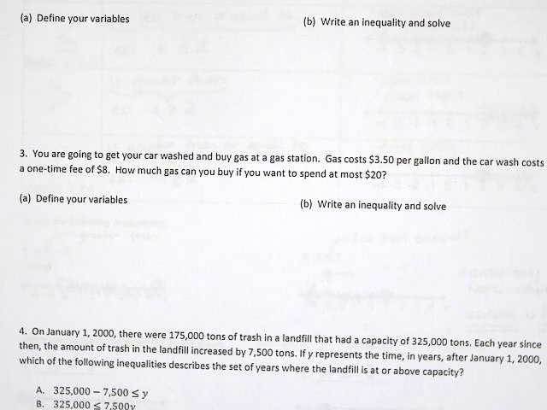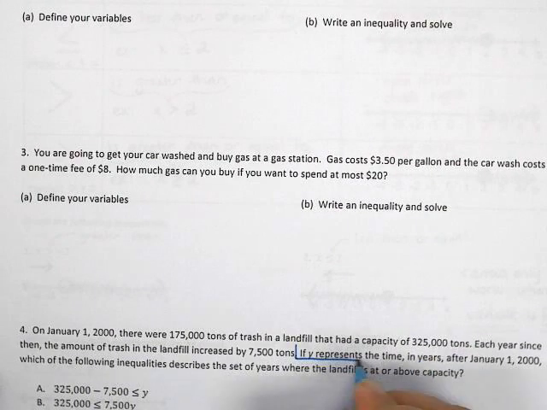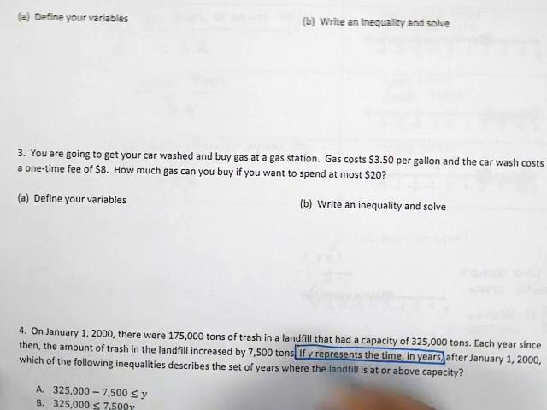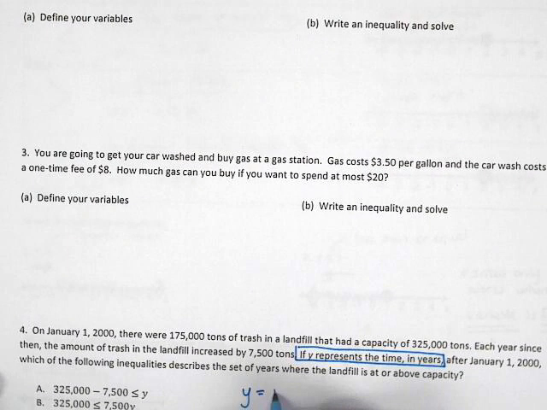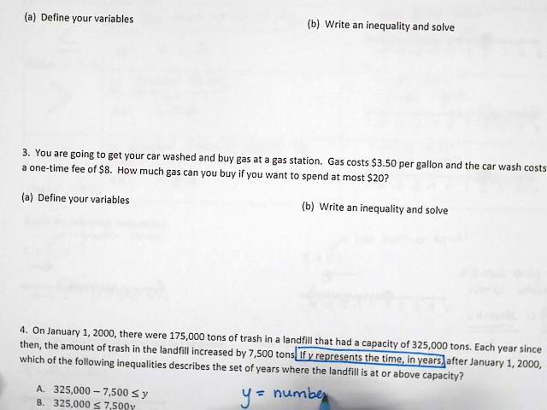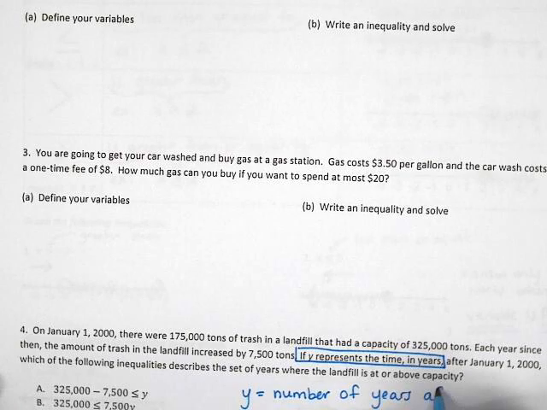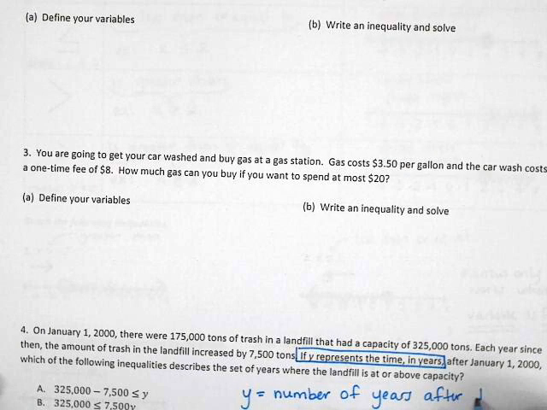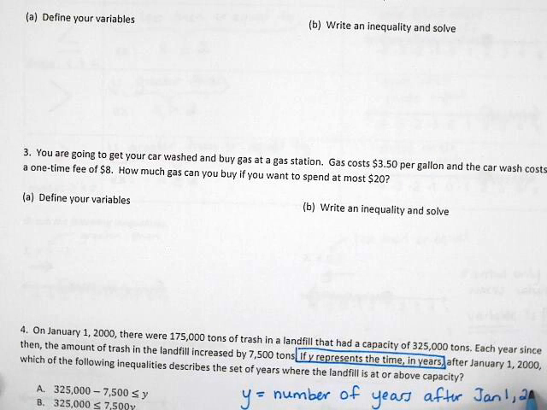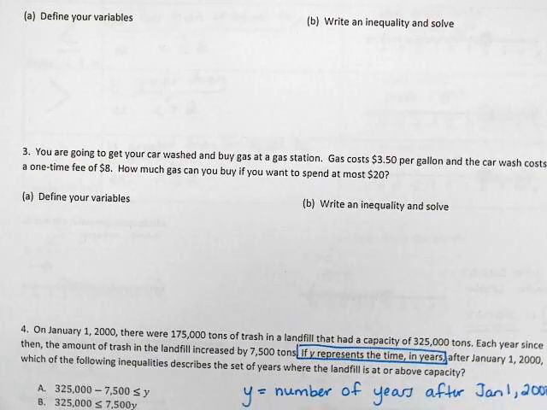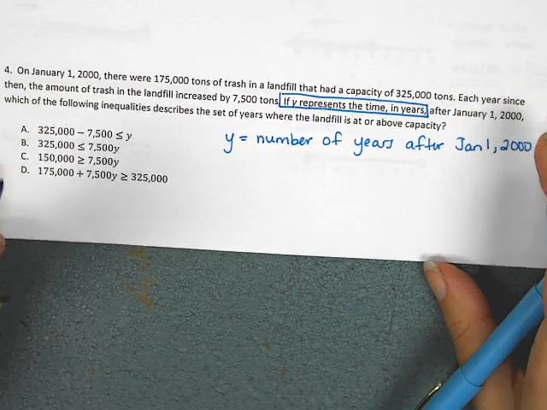Now, we need to remember a couple different things here. It says in the problem, Y represents the time in years. So Y is the number of years after January 1st, 2000. Oop, I'm going to scoot down so you guys can keep reading what I'm writing.